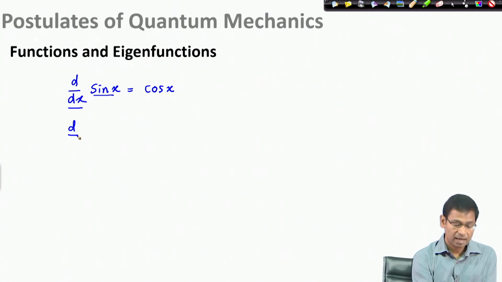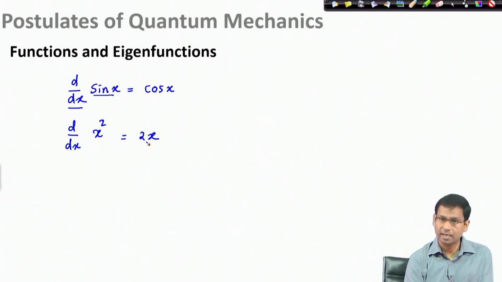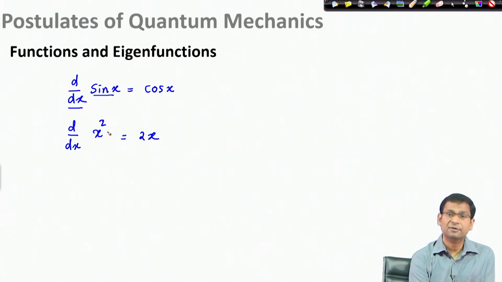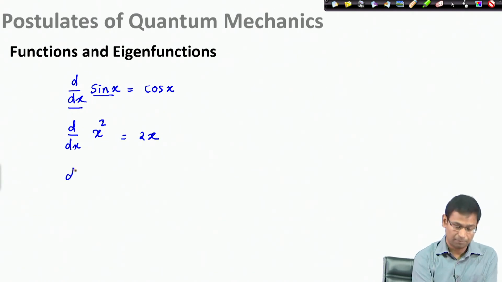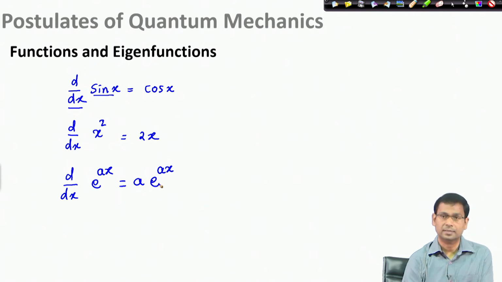If I use the same operator, but apply it on a different function, for example, x square, then I get 2x. Again, the operator changed the form of the function from x square to 2x. I will take a third example. When I differentiate the function e to the power a x, the differentiation of this function would give me a multiplied by e to the power a x.